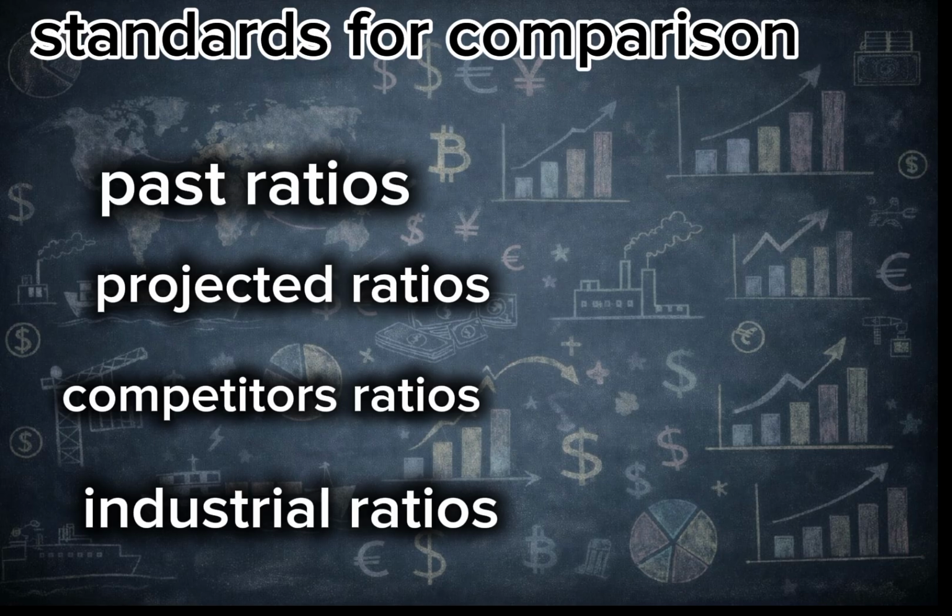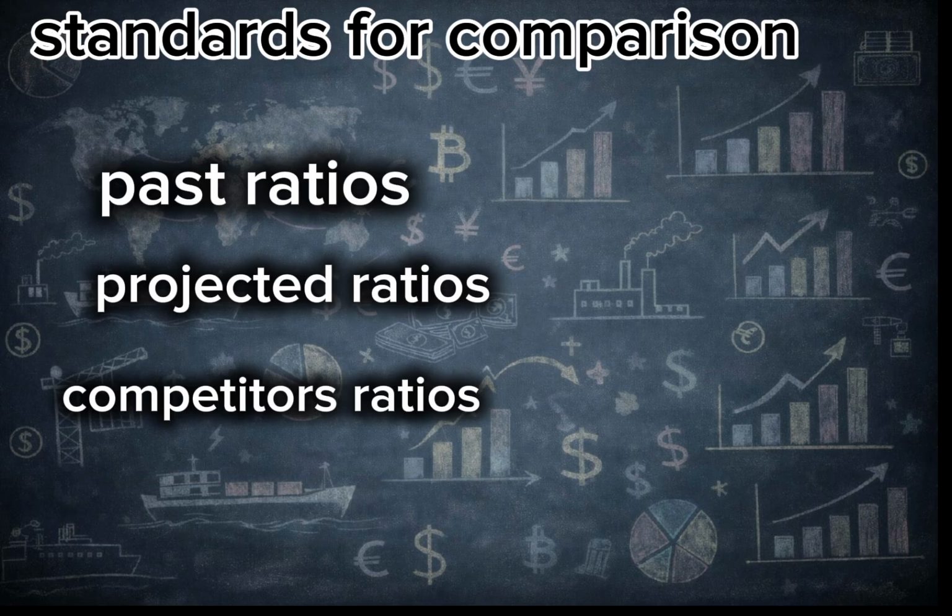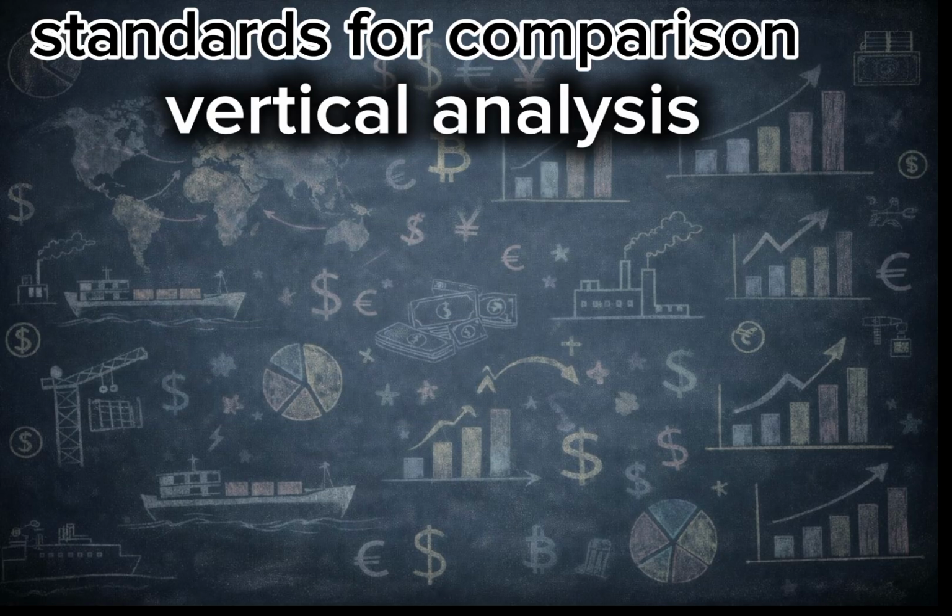Some people ask, must we evaluate the ratios gotten against past ratios? Must we evaluate them against projected ratios? Must we evaluate them against competitors or even the industry? Can a company not evaluate the ratio against itself in its current year? Yes, you can. It is called vertical analysis.